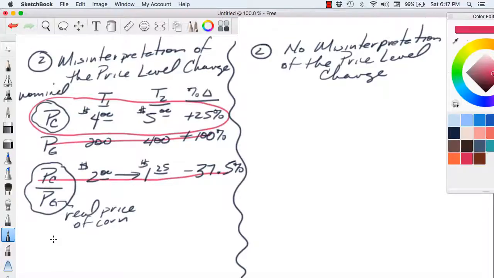Not on real prices. And so, in essence, the price level in general has gone up, and really farmers shouldn't be producing more, they should be producing less, but they're willing to what? They're willing to increase the quantity supplied based on nominal prices, not real prices.